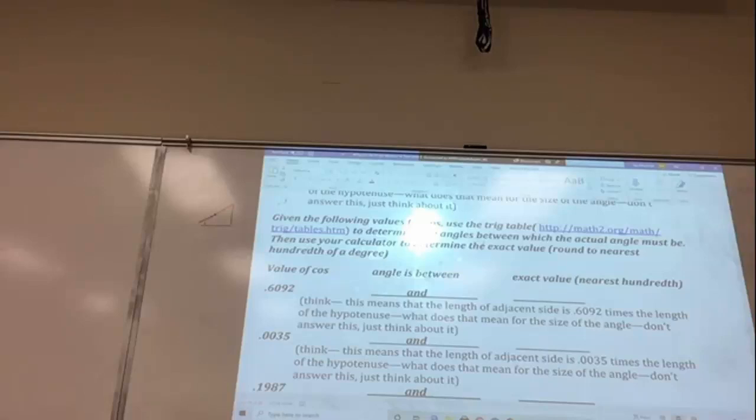So I look at where sine is on the bottom row, and I go back up. So 0.88. So if I'm using the sine on the bottom row, I have to go across. So it's going to be between 62.